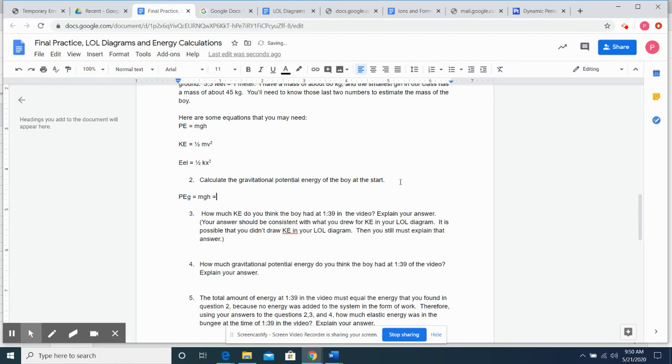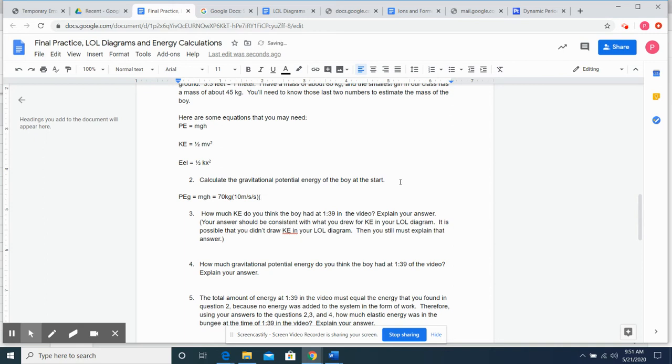In this case, you have to estimate what that boy's mass was. I'm going to say it was 70 kilograms. I'm 80 kilograms. I think he was a little smaller than me, maybe. 70 kilograms. And then the gravitational acceleration on the Earth is always 10 meters per second every second. On the moon, it'd be different. He would have different gravitational potential energy if he was up at that same height.